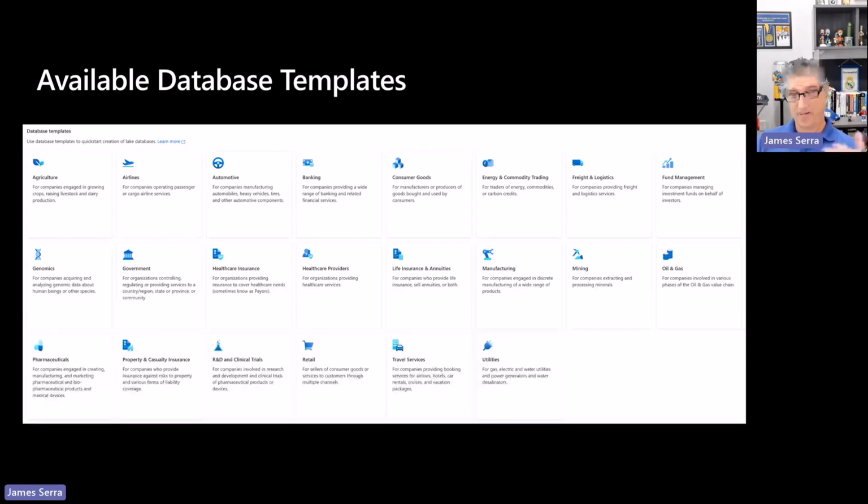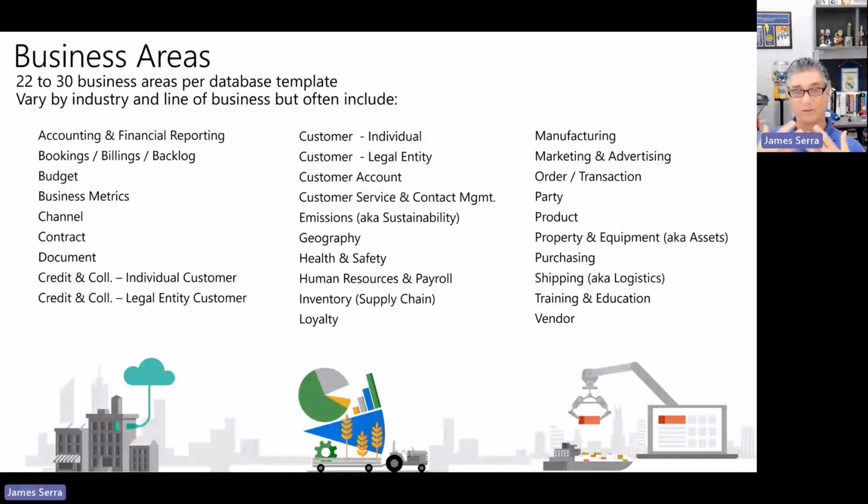Now, each of the templates has what's called business areas on here. So this is where you can say, well, I'm not in retail, but you know what? I'm in an industry that has contracts and budgets and products. And so find an industry template that has one of those business areas on there.